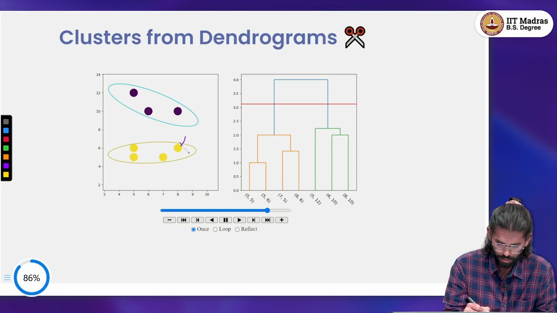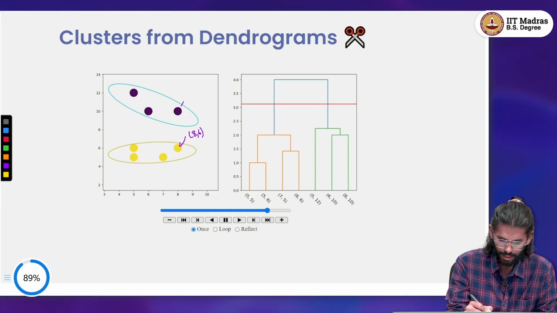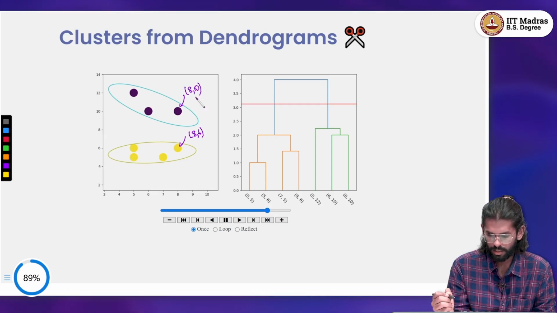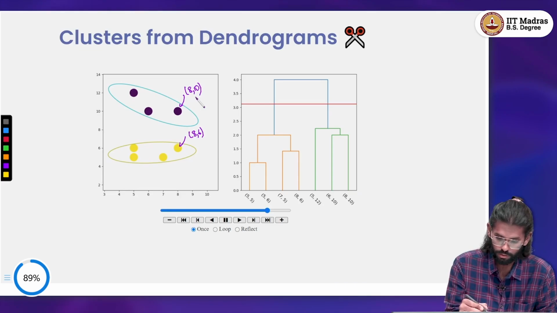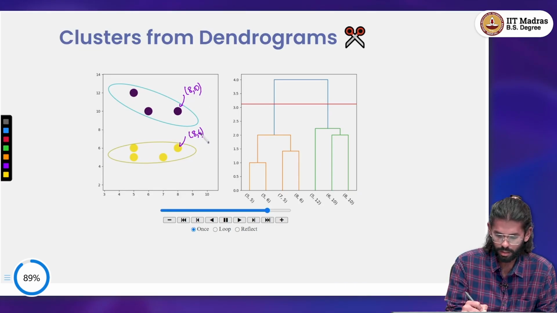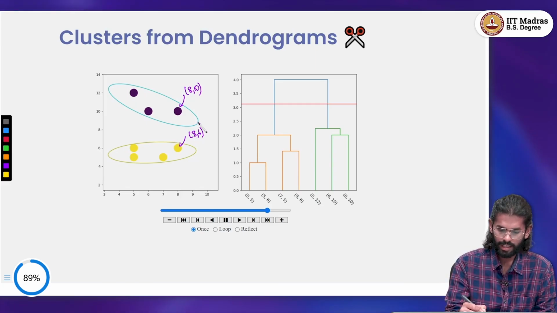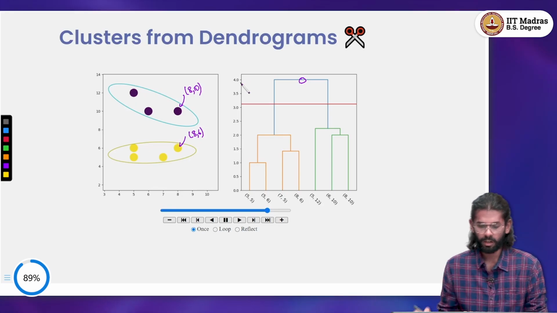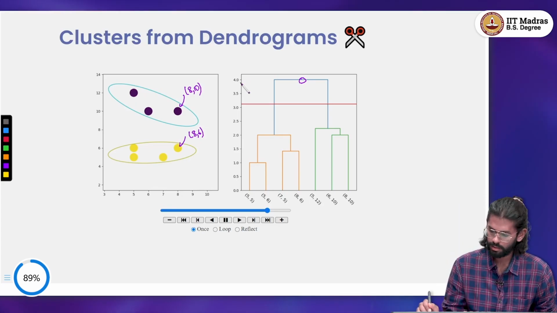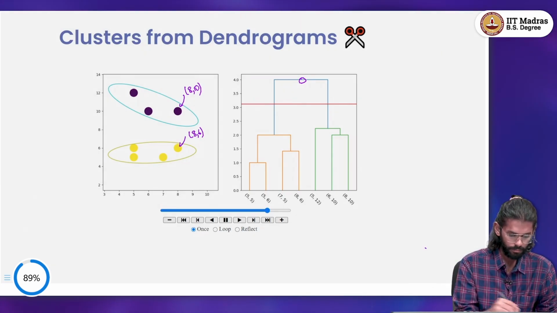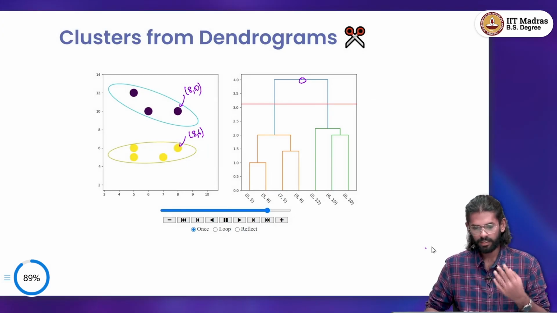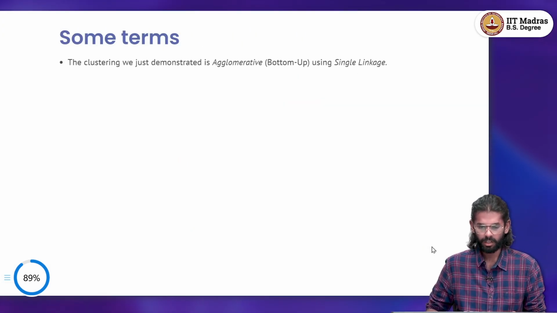So this was 8, 6, and this is 8, 10. We see that the distance is 4, because from 6 to 10 it's 4 units apart, and therefore these combine over here at 4 along the y axis. And that is the single linkage term.